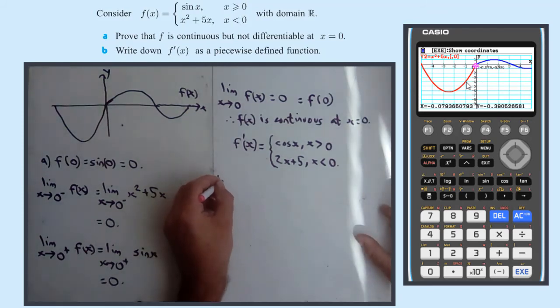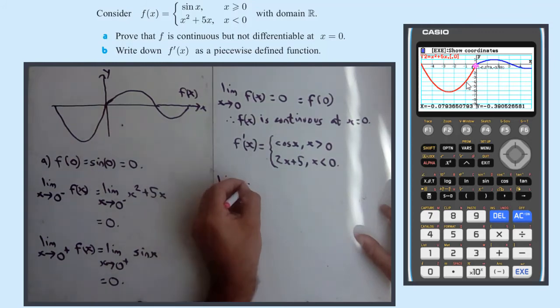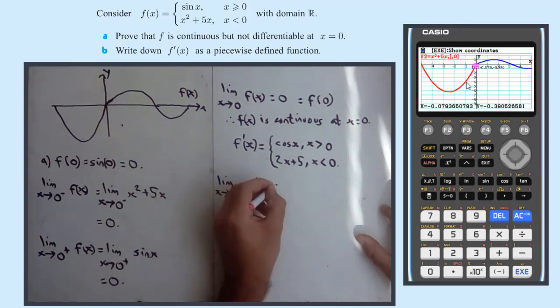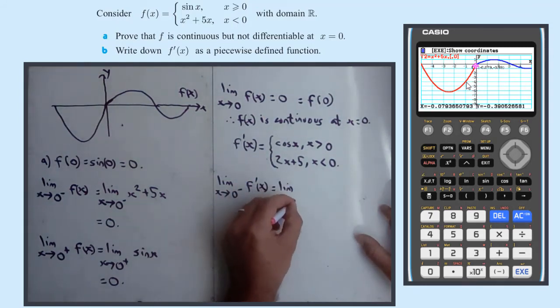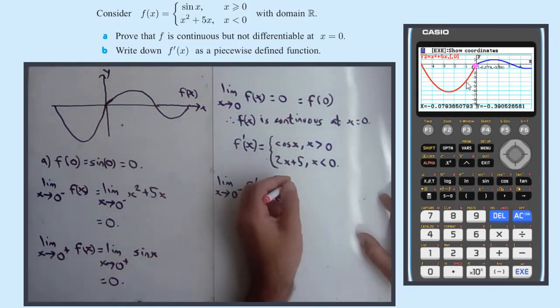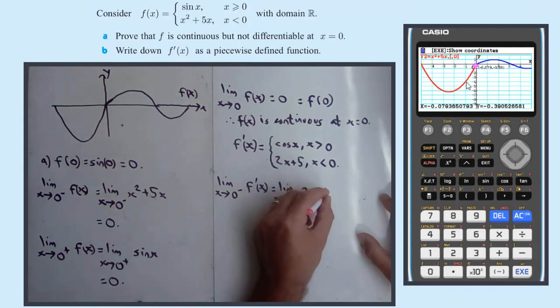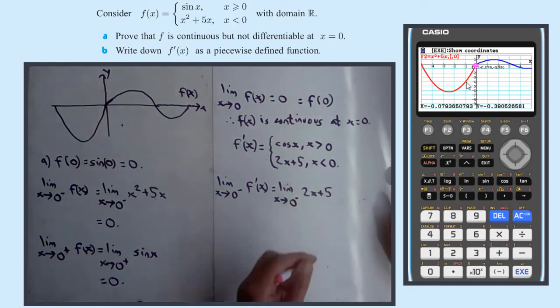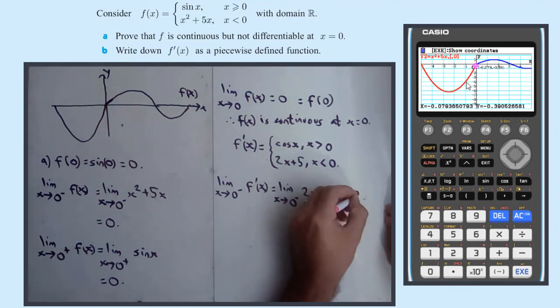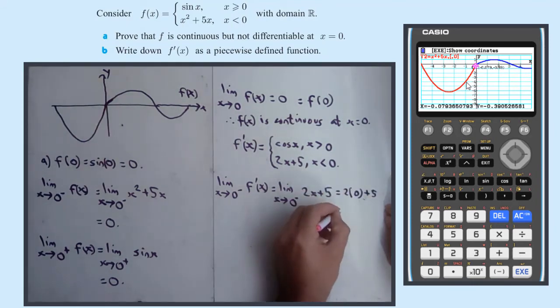So now the limit as x approaches 0 from the left-hand side of f dashed x, well, that equals the limit as x approaches 0 of 2x plus 5. Which, just think about it, is a nice linear function, continuous everywhere. So it's literally 2 times 0 plus 5, which equals 5.